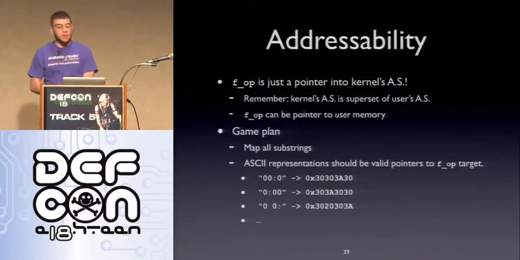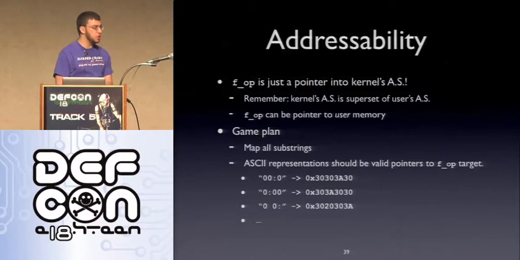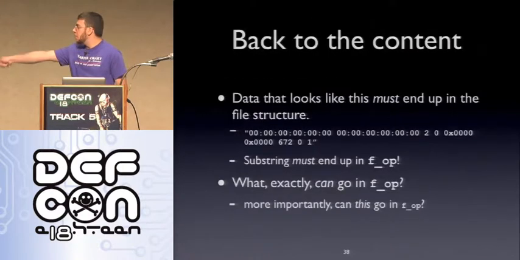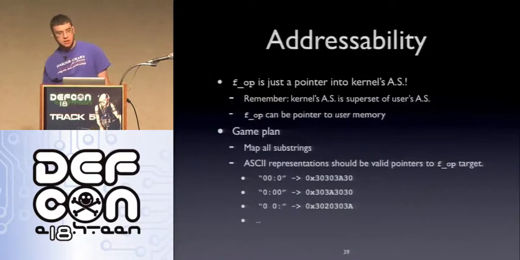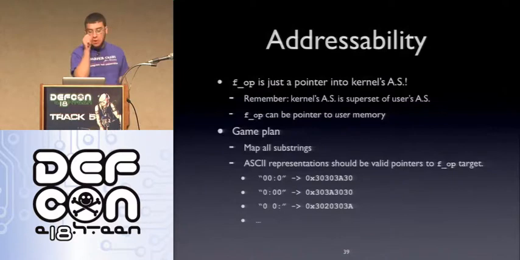So let's come up with a little bit of a game plan to get this pointing to something reasonable in user memory. We're going to take this string that we saw a moment ago and map all of the substrings of it to become something valid as an FOP target.